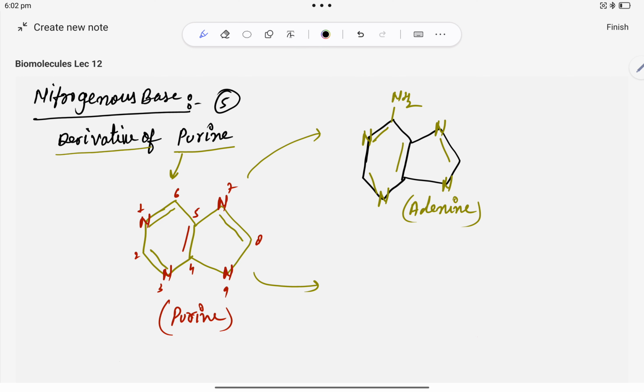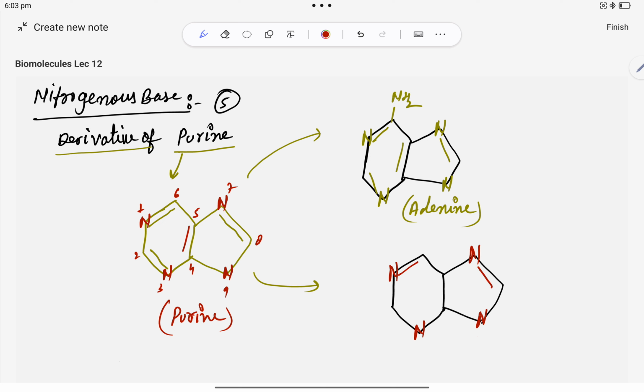Next, guanine. How will guanine be generated? Check it once. For the guanine, I am telling you, this is the structure of guanine. Here one nitrogen, here nitrogen, and here nitrogen.